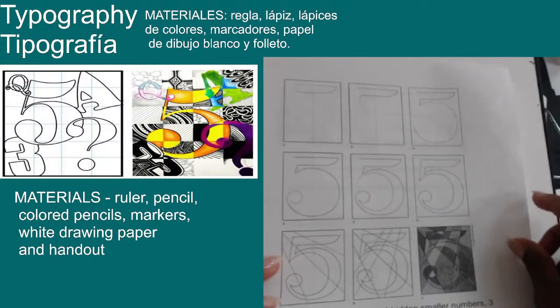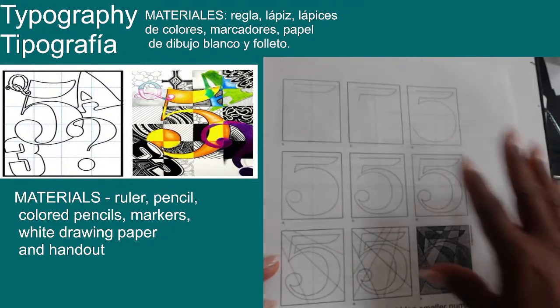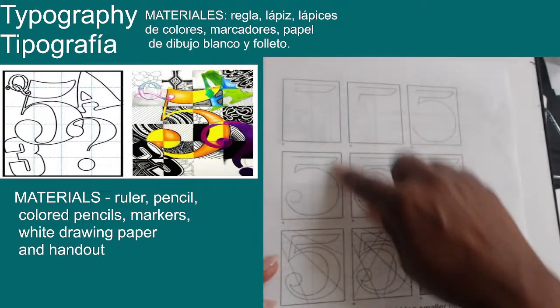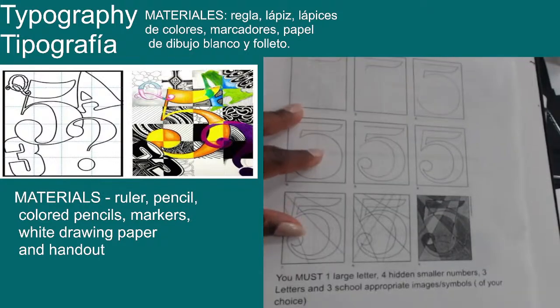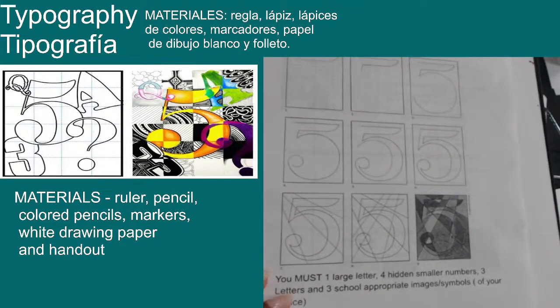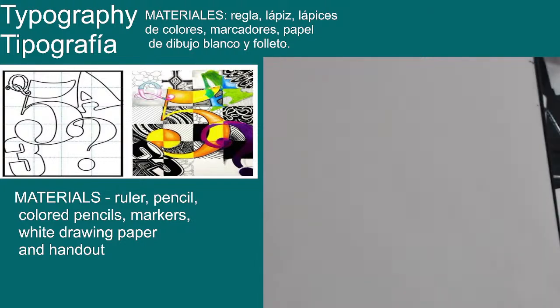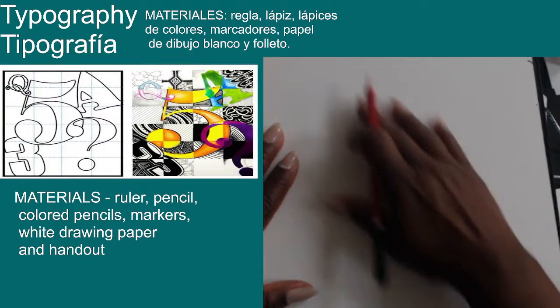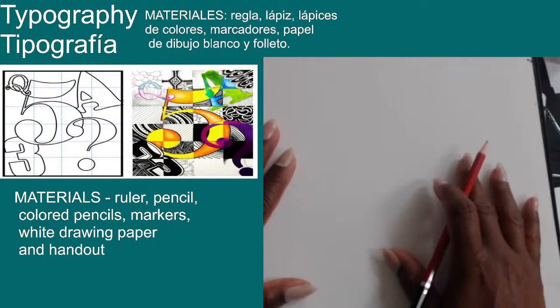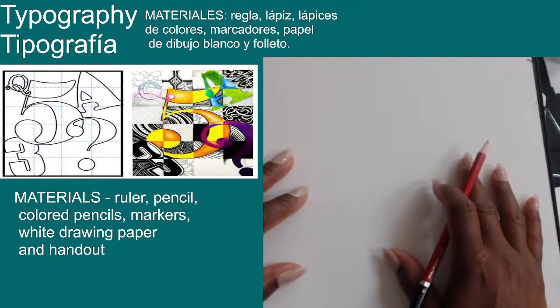So we're going to practice right now on one side of your paper. And we're going to break up the number 5 into an abstract work of art. So let's take our pencils, and you have your paper vertical, but you are going to flip over your paper to do the final exam, okay?